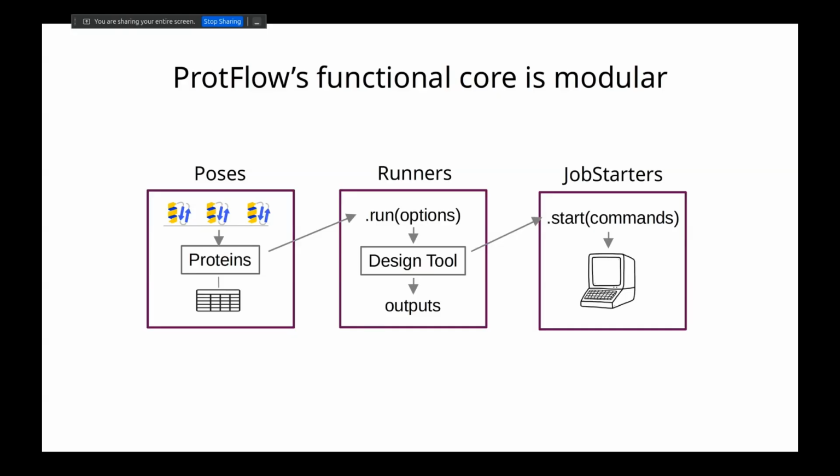The JobStarter objects are basically also their own class that has a function called the start method, which just executes these commands and waits for them to be finished. After finishing, it sends them back to the runner. The runner then collects all of the scores and the outputs and sends them back into the Poses. And then you can directly execute your next runner if you want to.